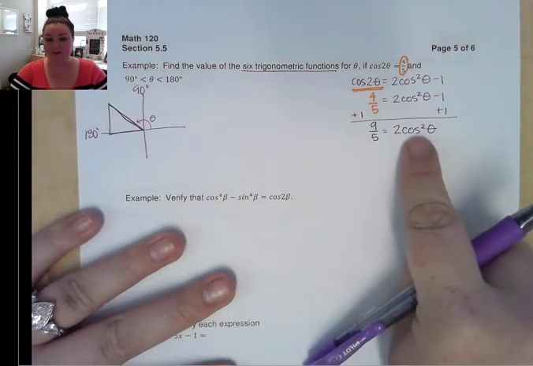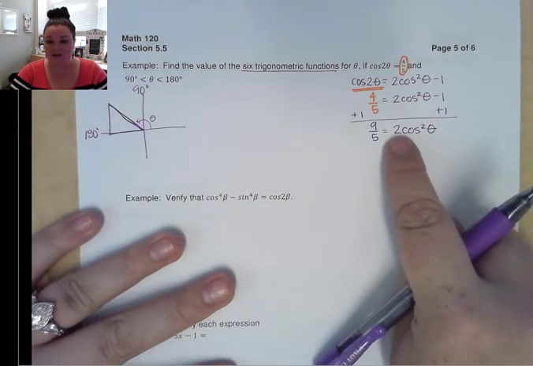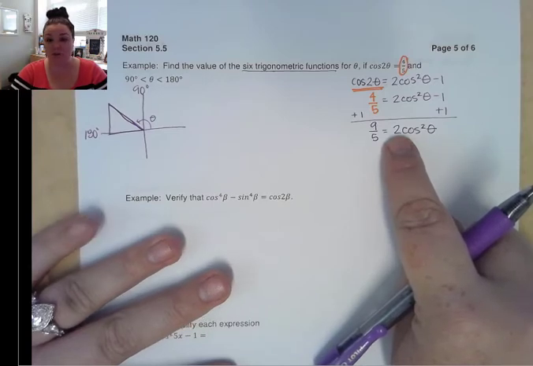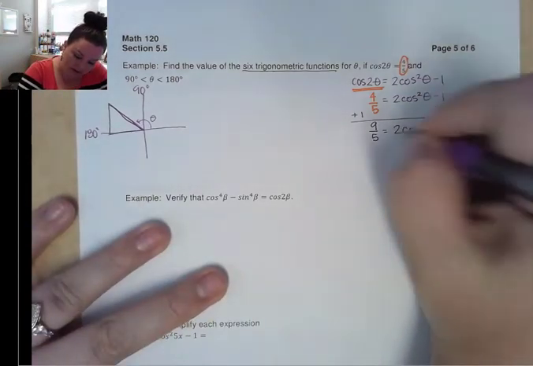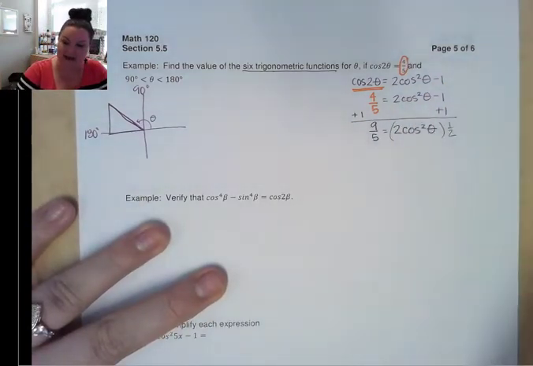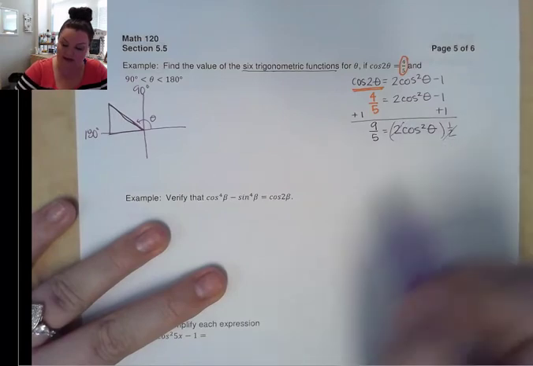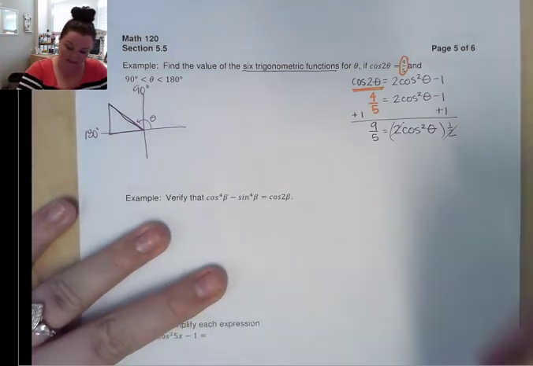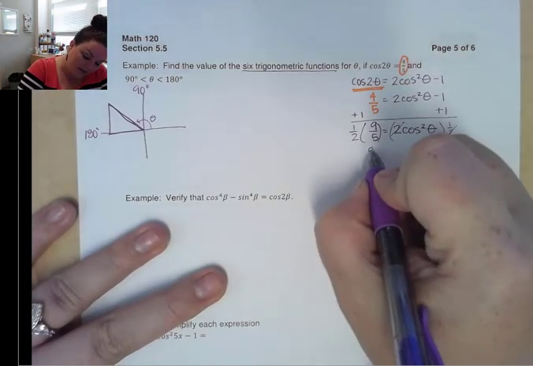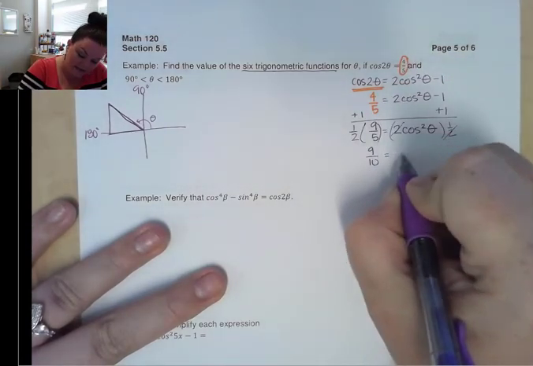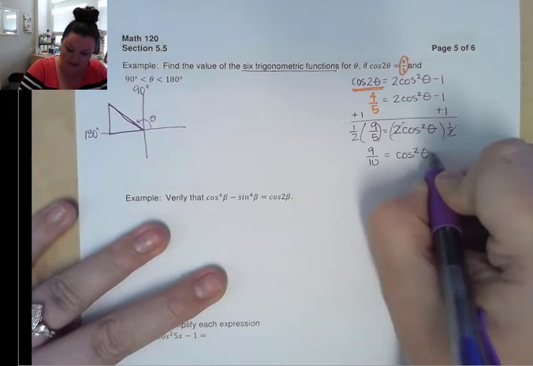Now, I want to get the cosine theta by itself, so I need to get rid of this 2. The way I can get rid of this 2 is by multiplying by the reciprocal, or dividing off 2. So if I multiply this side by 1/2, that 2 will go away, right? But if I multiply that side by 1/2, I have to multiply this side by 1/2. So now I have 9/10 is equal to cosine squared theta.